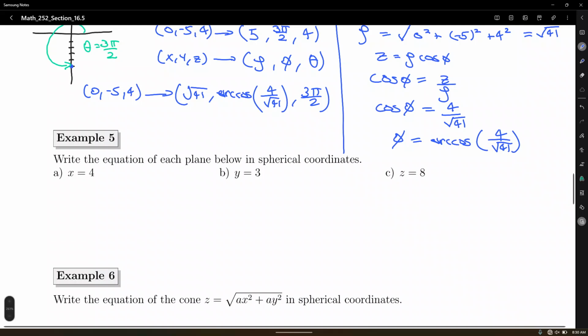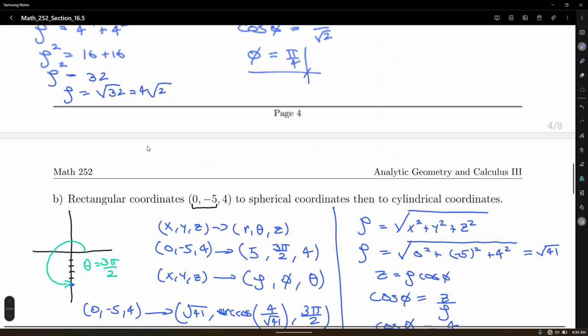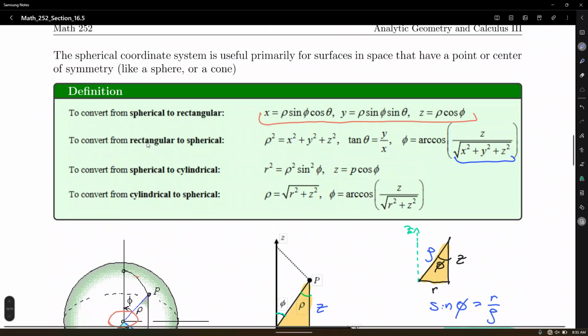All right. Let's convert the equations of these planes, x equals 4, y equals 3, z equals 8, into spherical coordinates. How are we going to do that? Well, we're going to use the relations we have on the previous page. So what is x equal to?